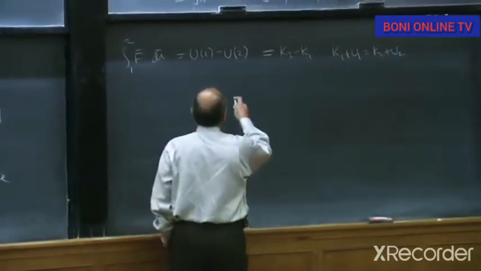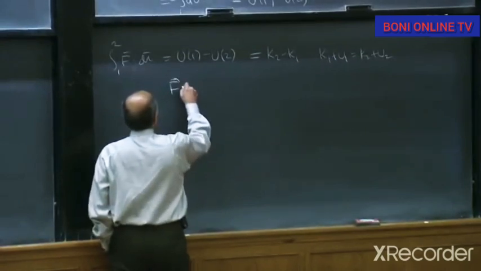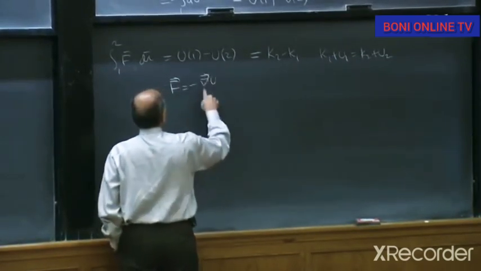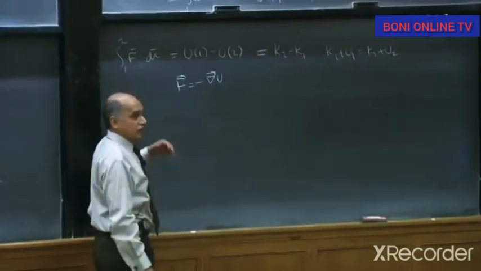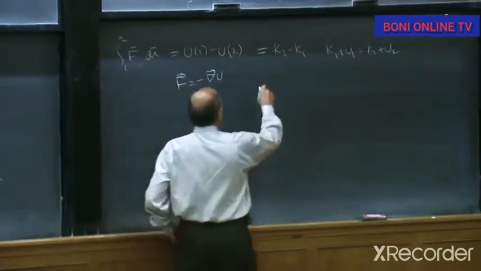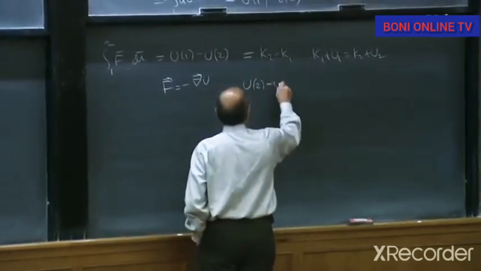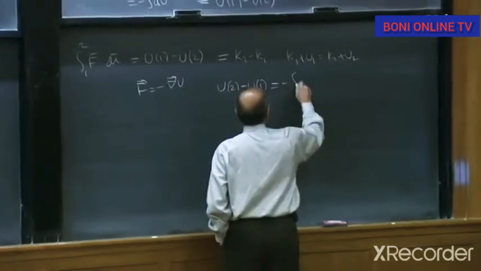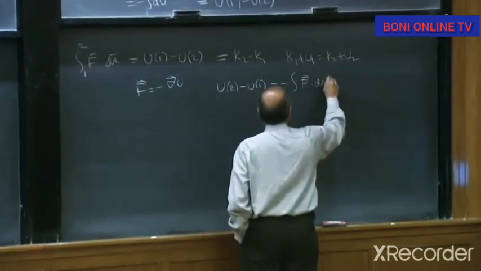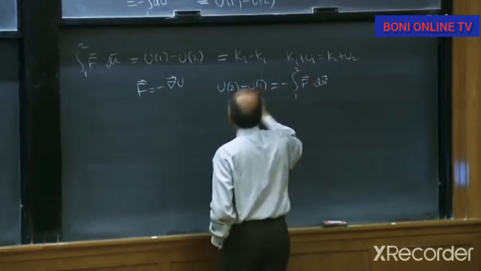So we can say it as follows. F is equal to minus the gradient of u. The gradient is a combination of i times the x derivative and j times the y derivative. And u at 2 minus u at 1 is minus integral f dot dr from 1 to 2.